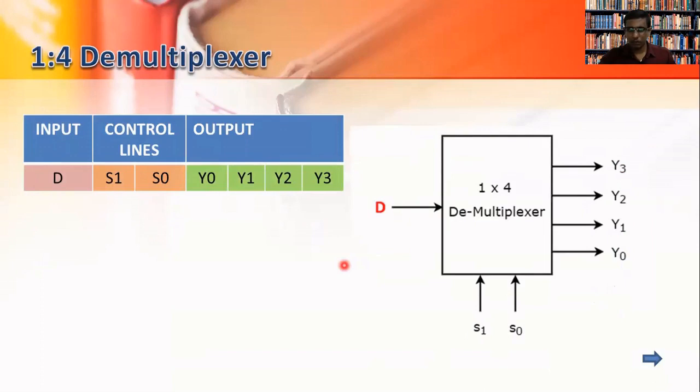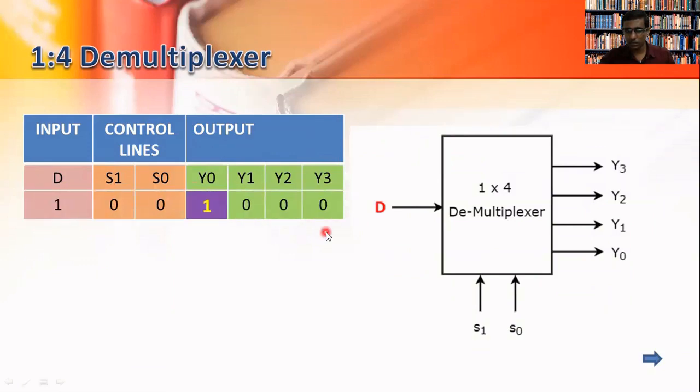This is the truth table of 1 to 4 demultiplexer in which we have only one input D, control lines S0, S1, 4 outputs Y0, Y1, Y2, Y3. When S0 is equal to 0 and S1 is equal to 0, we get D at Y0.